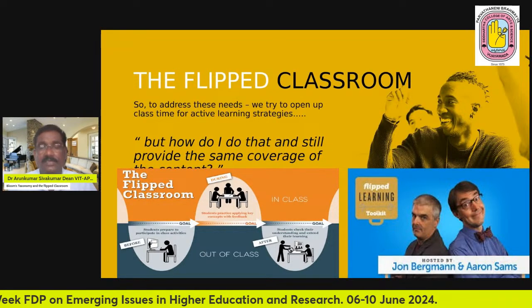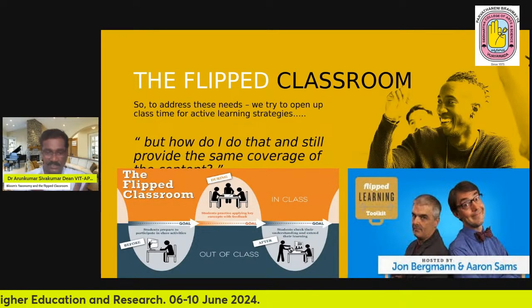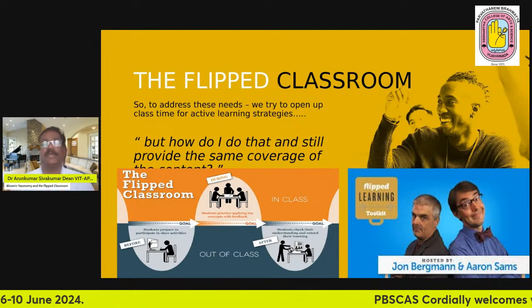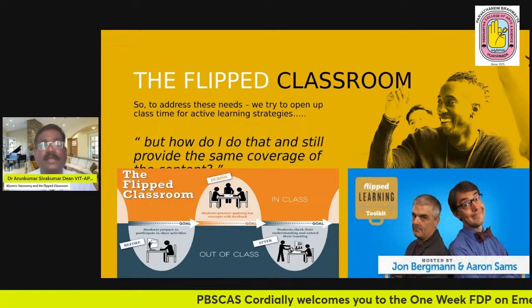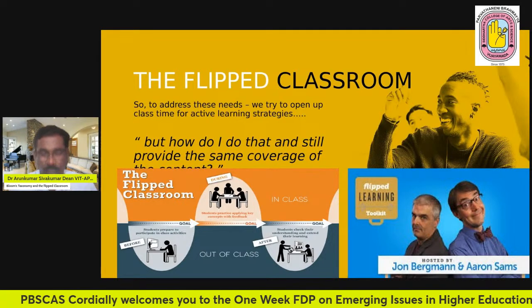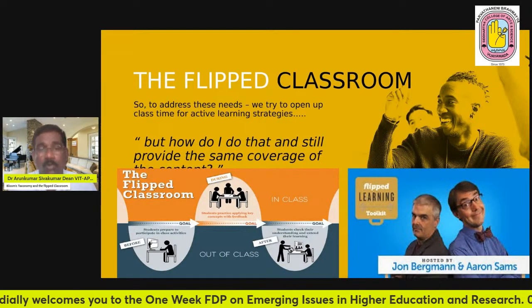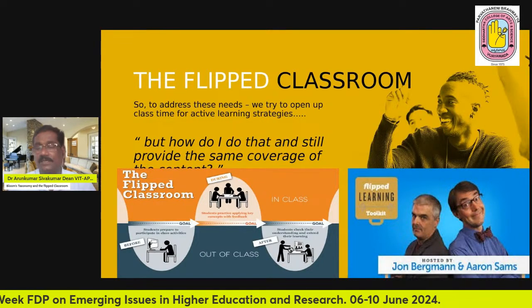So in that context, these are the three stages: before the classroom, during the classroom, and out of the classroom. What a student should do, and what is your role as a facilitator, that is our concern. Clear?